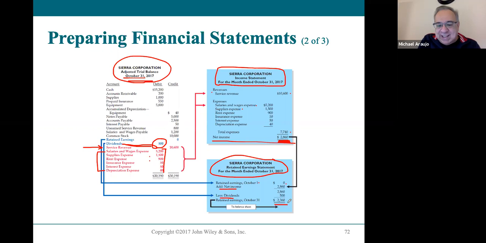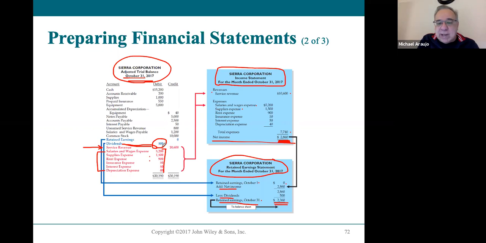And what we get at the end of October is retained earnings of $2,360. That's the amount of the profit that is being retained, because $500 of the profit has gone out of the company, which is why we subtracted it out of our statement. Okay, so this is the first stop.